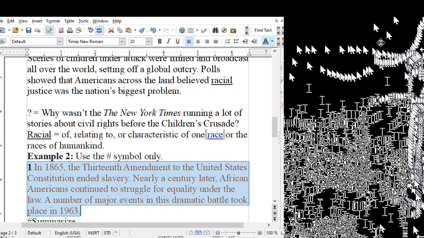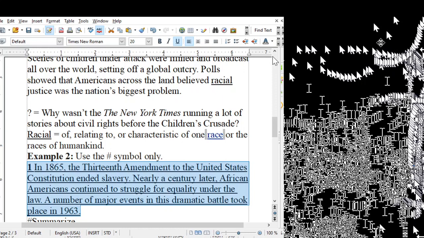It wouldn't have a color. Instead, this entire paragraph, I would have underlined it like this. And then next to it, I would have drawn the hashtag symbol. And then in the margins, I would have summarized that paragraph. I would have written in the margins my summary of this paragraph.